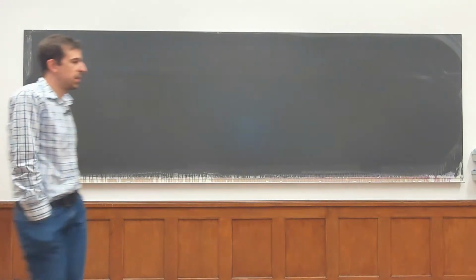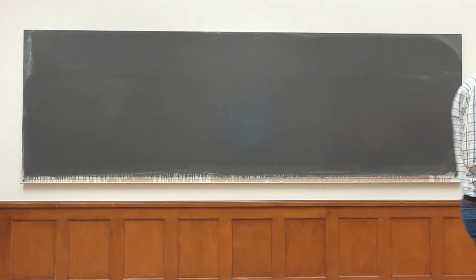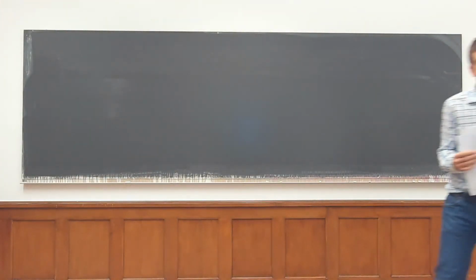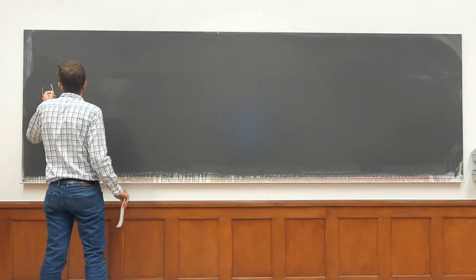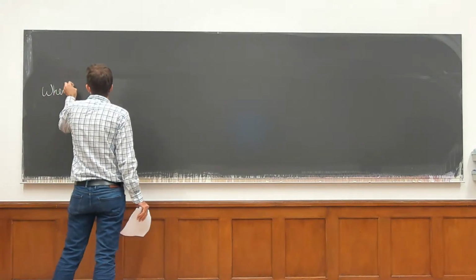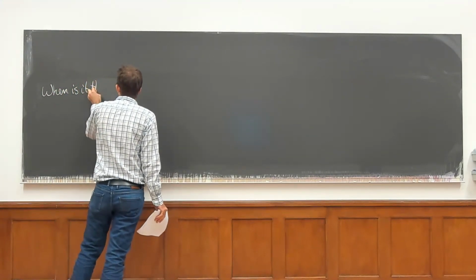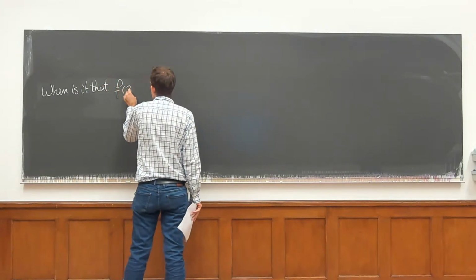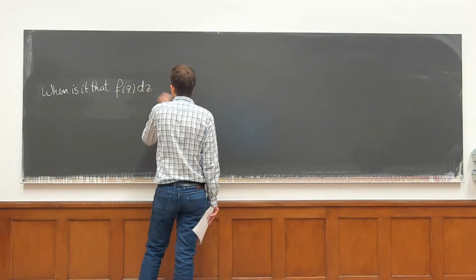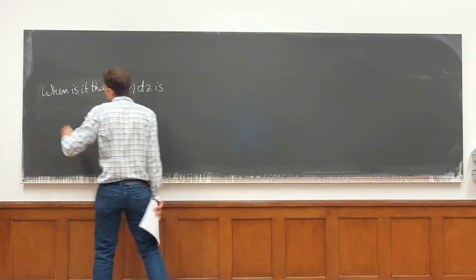All right, so now that we've computed a little, let's answer the question that I posed on the board last time. When is it that f(z) dz is an exact differential?